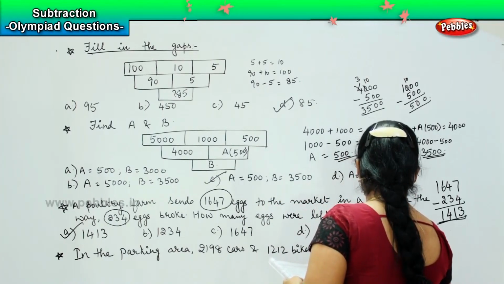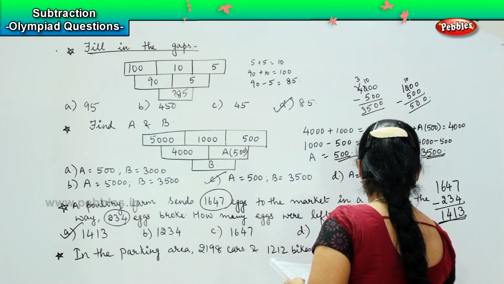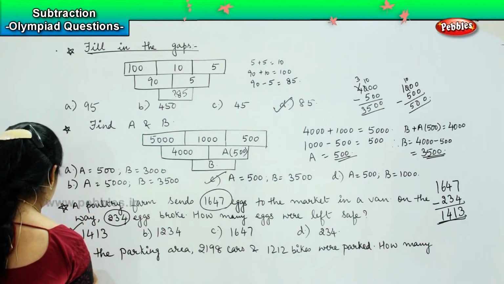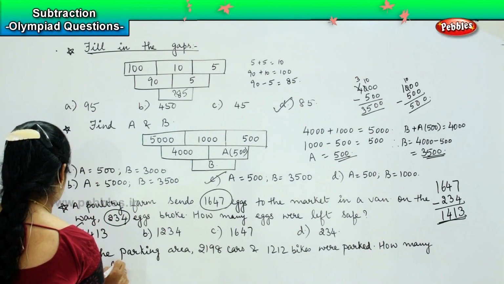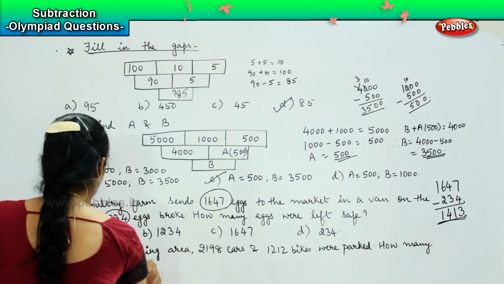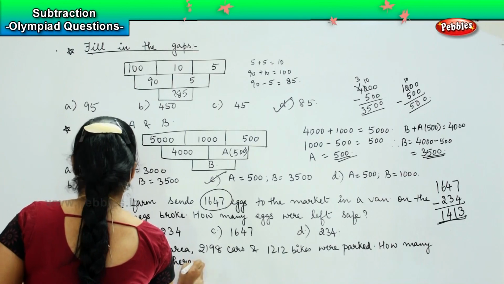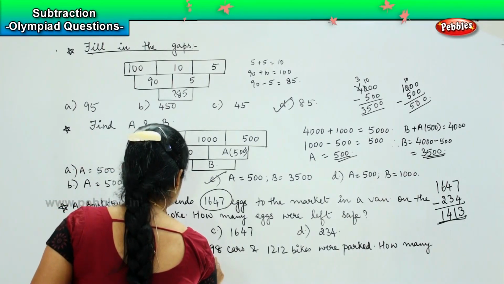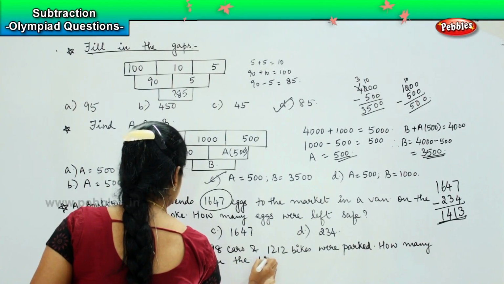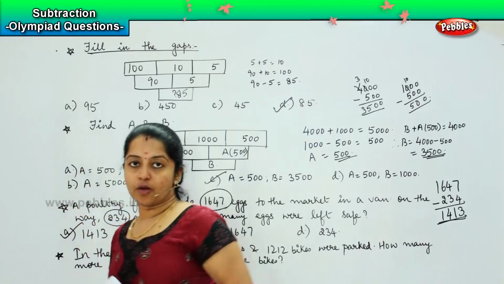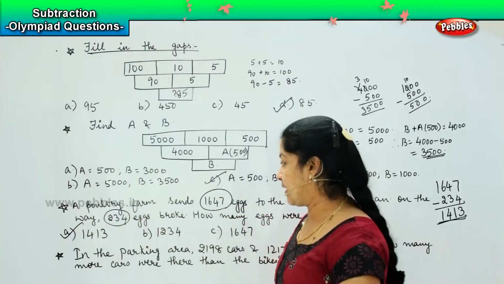How many more cars were there than the bikes? Okay. So here there are no options given. So let us try to find out the answer.